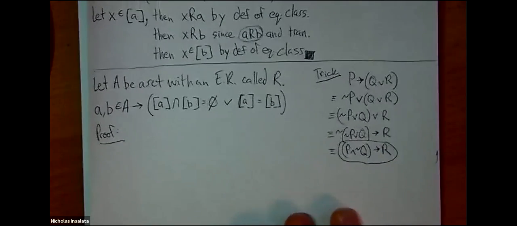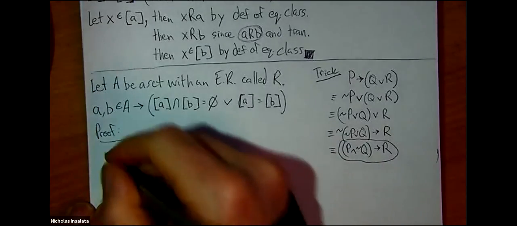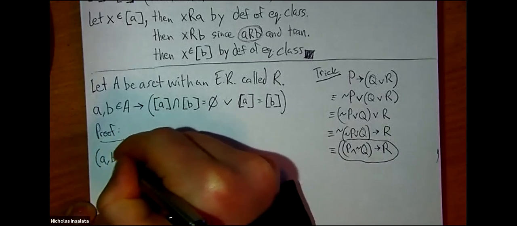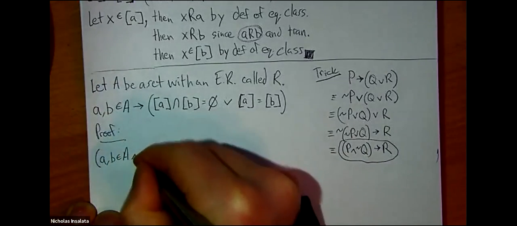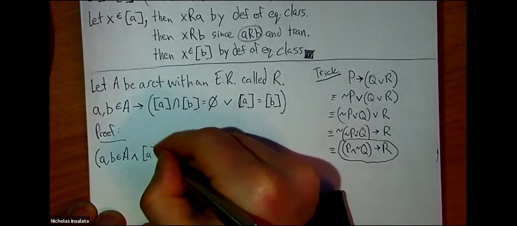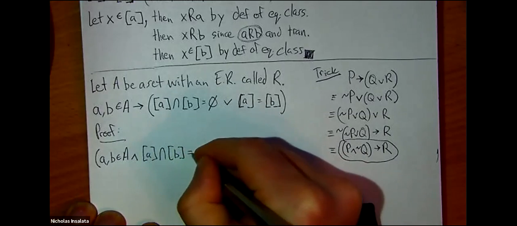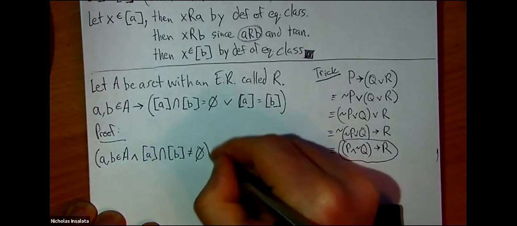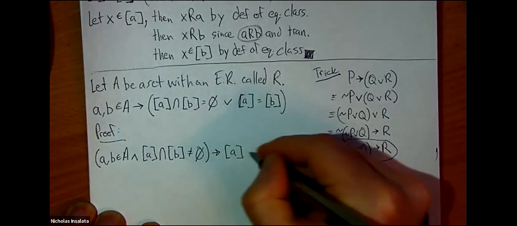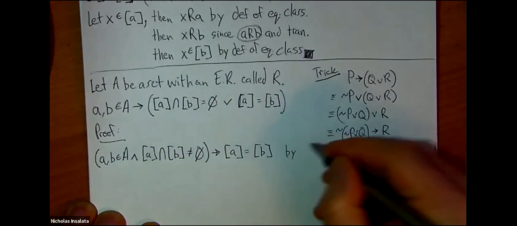So what I'm actually going to prove is that A and B are elements of A, and the equivalence class of A intersected with the equivalence class of B is non-empty, implies the equivalence class of A equals the equivalence class of B, by my trick.